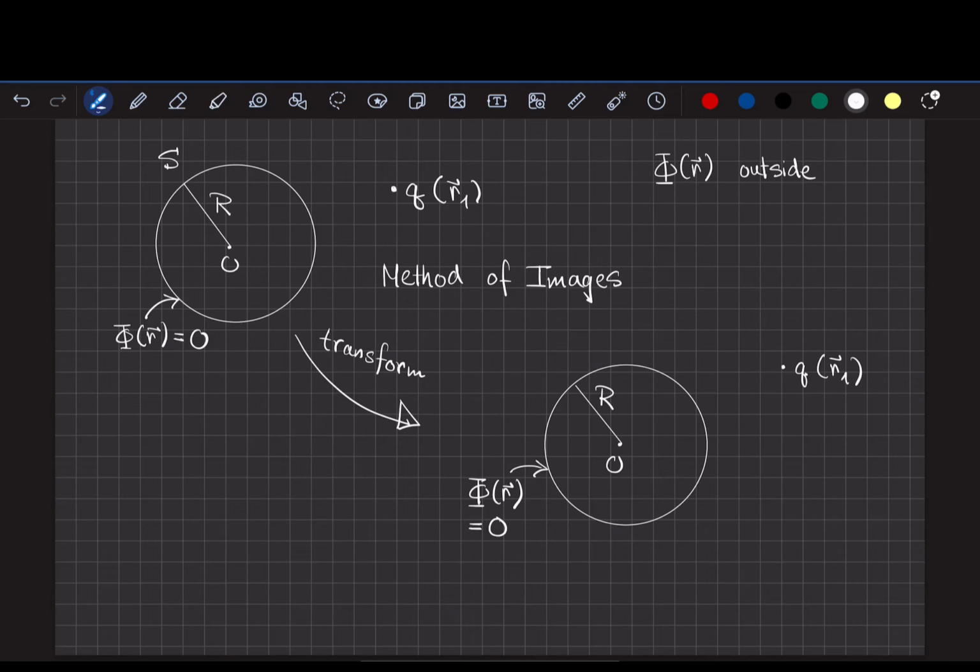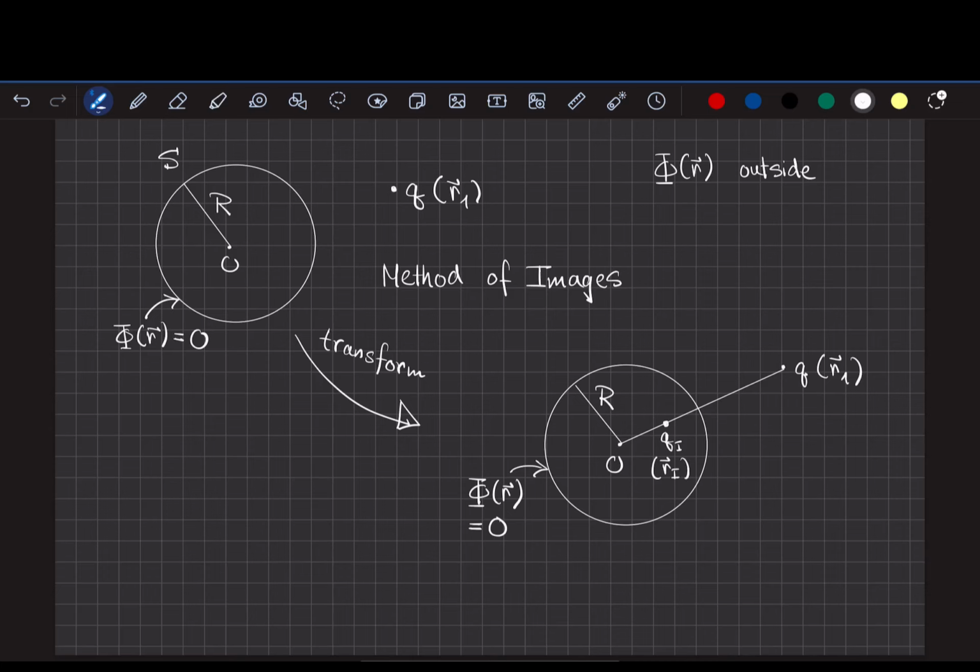And so we would require to place an image charge somewhere inside the sphere so that this potential is 0. So basically we would have some image charge Qi located at position Ri. Let us write this here.